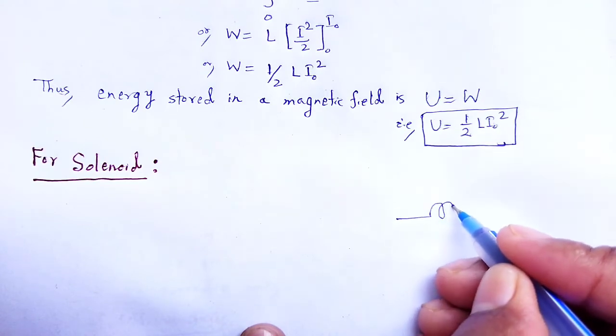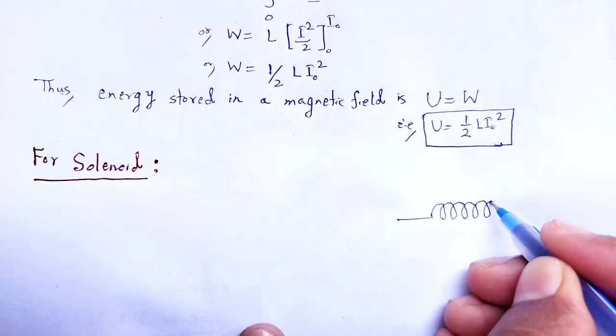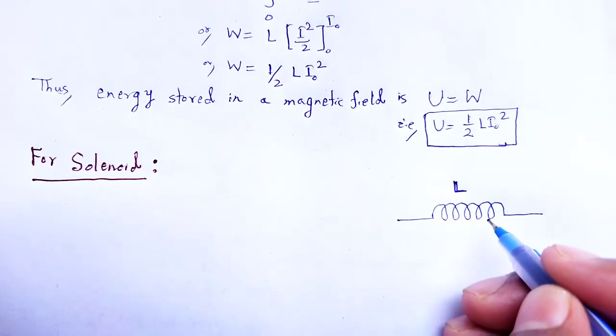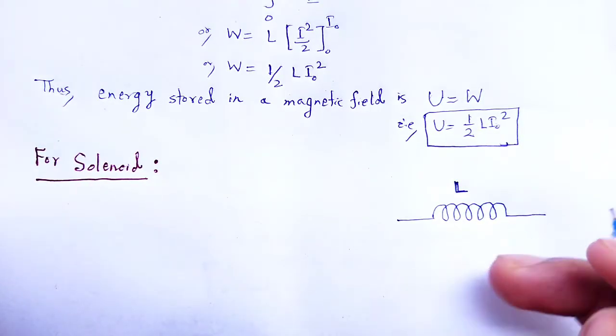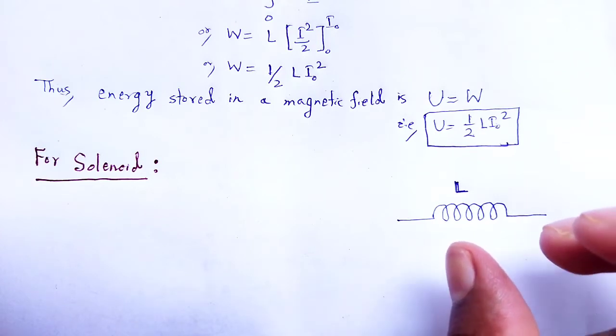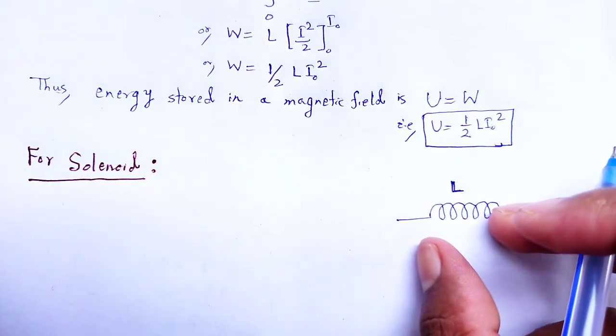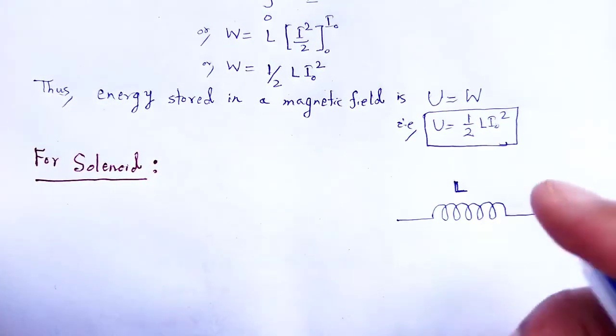So, this is the inductance coil or inductor L. Here we consider an ideal inductor which has a very high value of self inductance and 0 ohmic resistance.